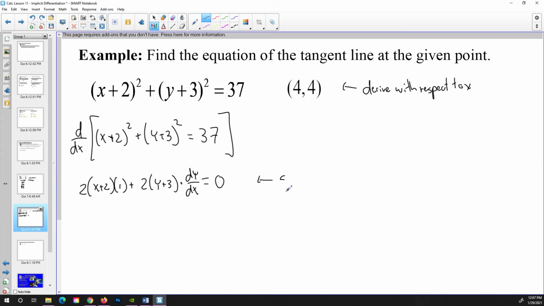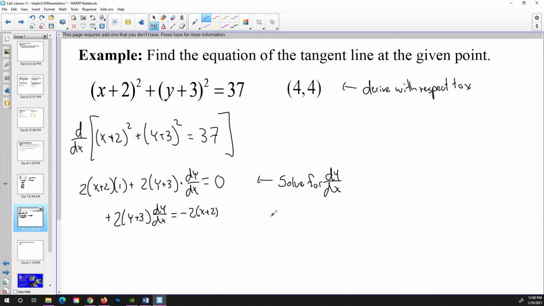So here I'm going to solve for dy over dx. So I'm going to bring that 2 times x plus 2 to the other side. So I'll have positive 2 times y plus 3 times dy over dx equaling negative 2 times x plus 2.